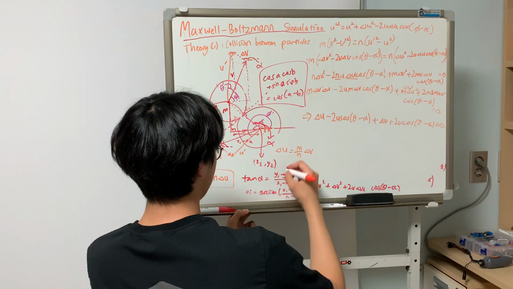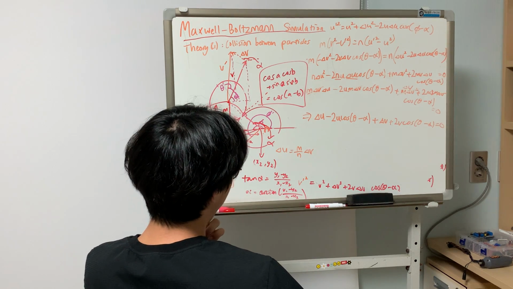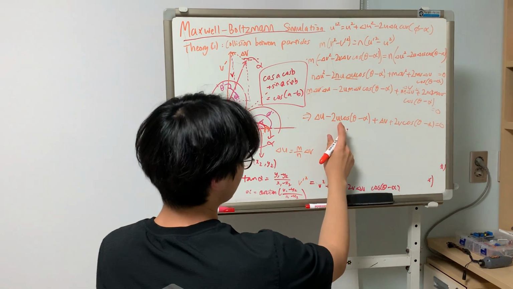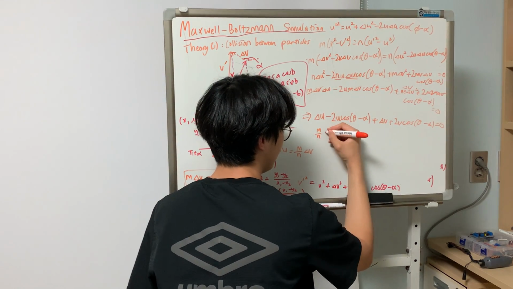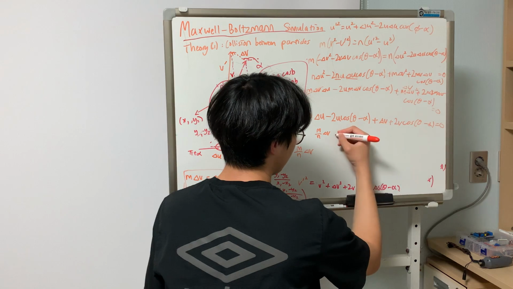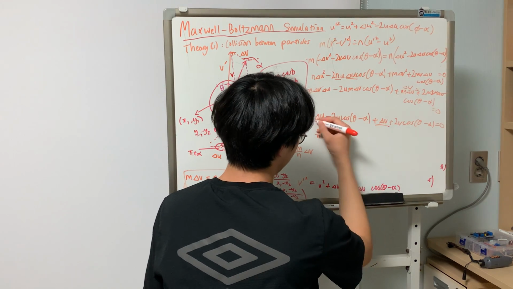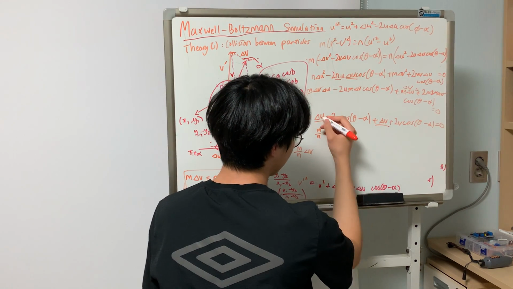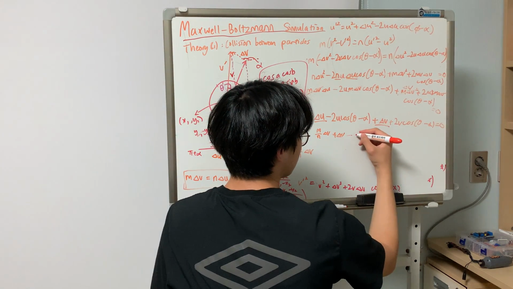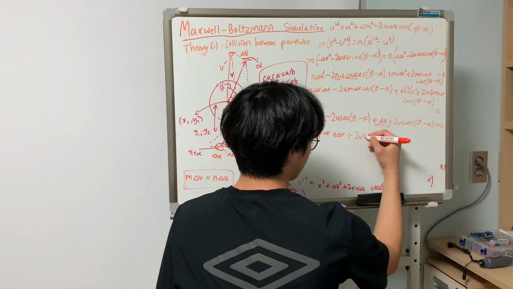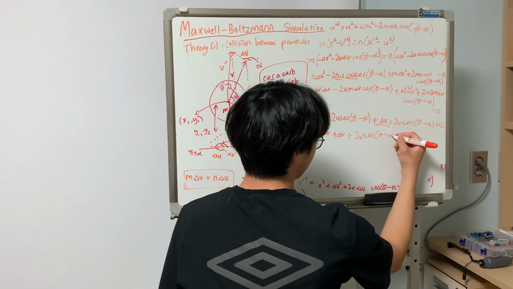And u we know is only a constant, so we have m over n delta v. Writing this first, m over n delta v is equal to m over n delta v here, plus delta v, plus 2v cosine of theta minus alpha.